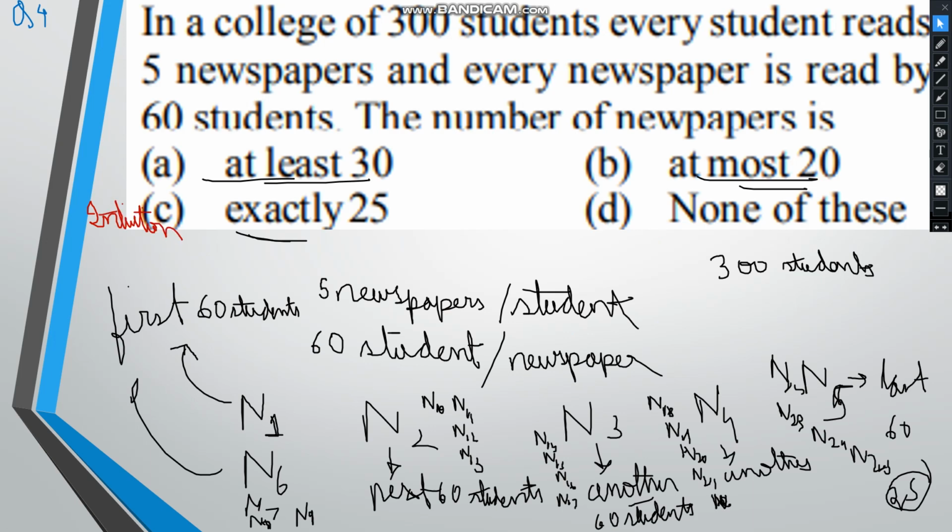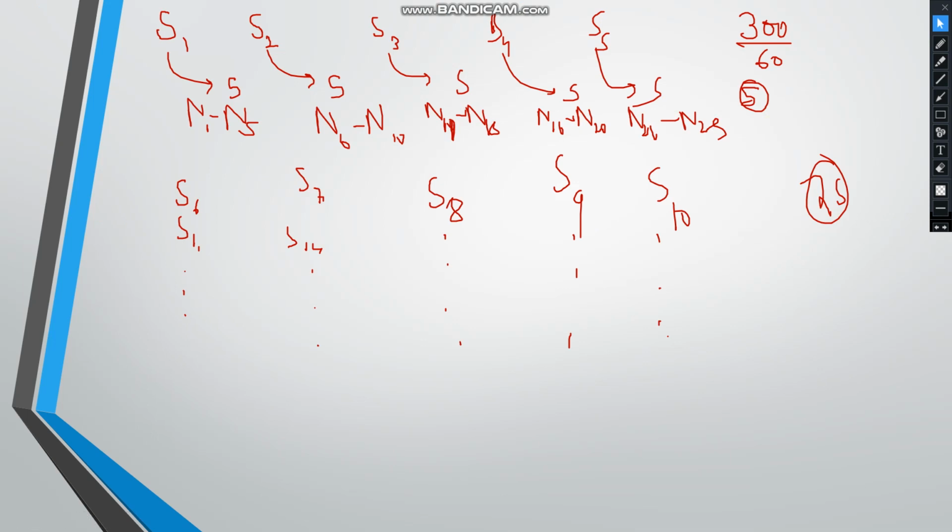Now let's think of some other way of getting the answer 25. How can we do that? We can do it another way.